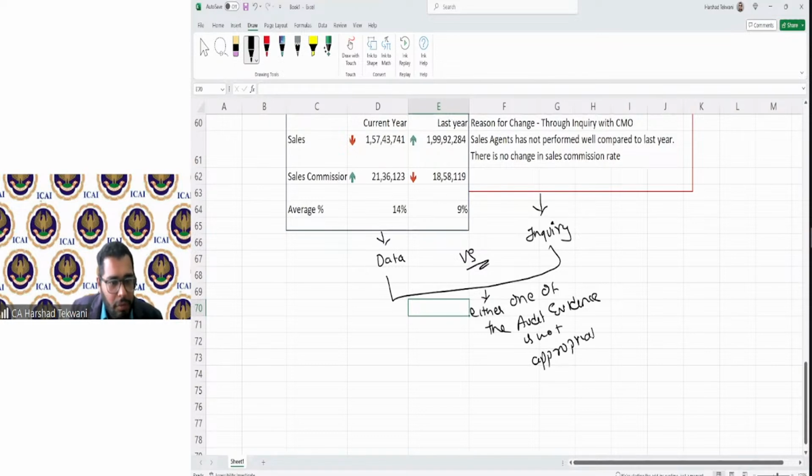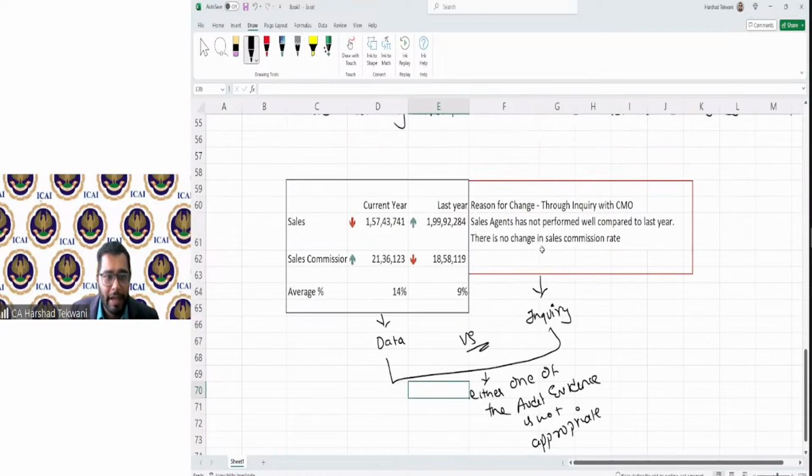Either the data is wrong or the inquiry results are wrong, because there is a conflict, an inconsistency between two different evidences. I have a doubt over the reliability. I can place a doubt either over the inquiry or over the data.